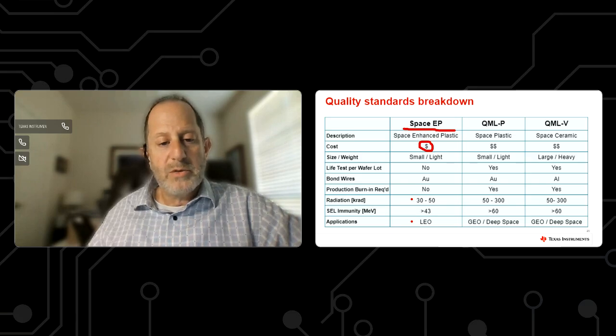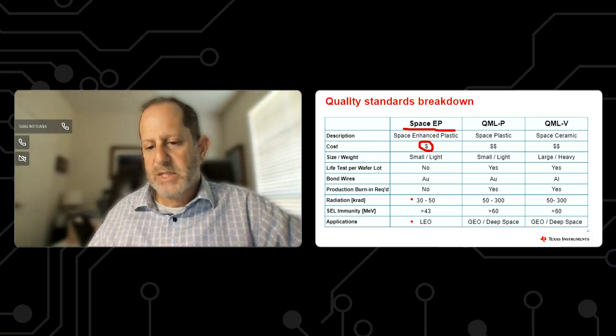So we're finding lots of new applications for the Space EP side of things. If you see part numbers that TI puts forward, we'll usually put a dash SEP on the end to indicate that that is a space enhanced plastic type device.